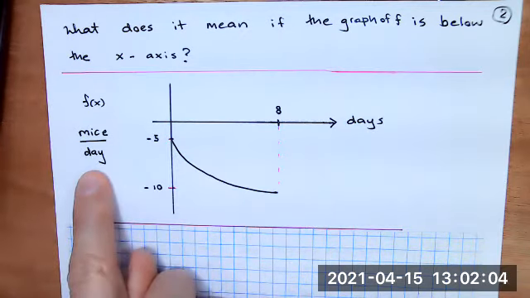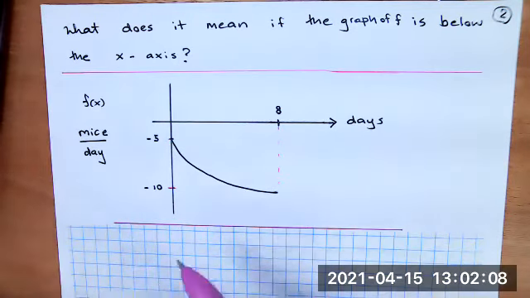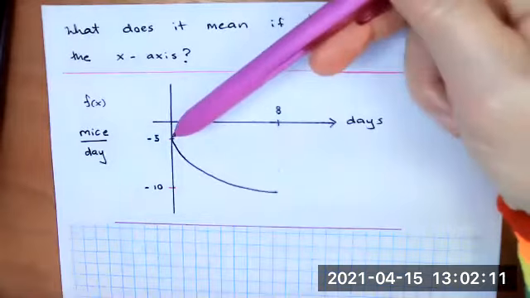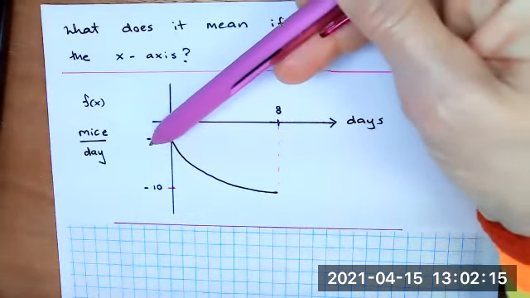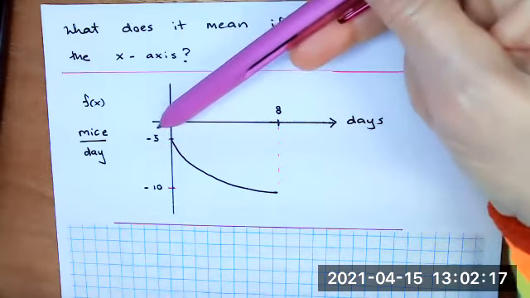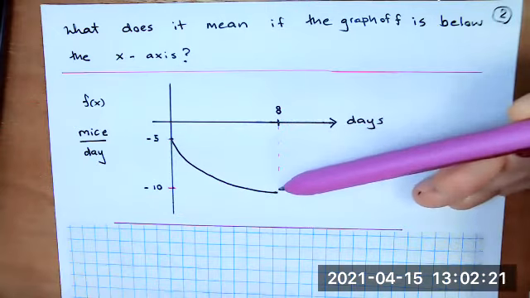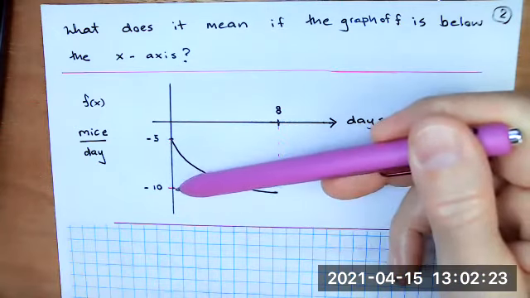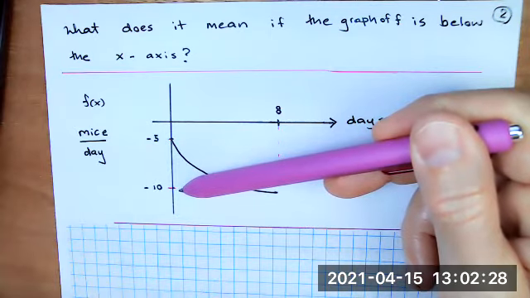So if we're looking at mice per day for a certain number of days, reading this graph on day 0, negative 5 mice per day means that 5 mice are moving out each day, and on day 8, 10 mice are moving out of the basement each day.